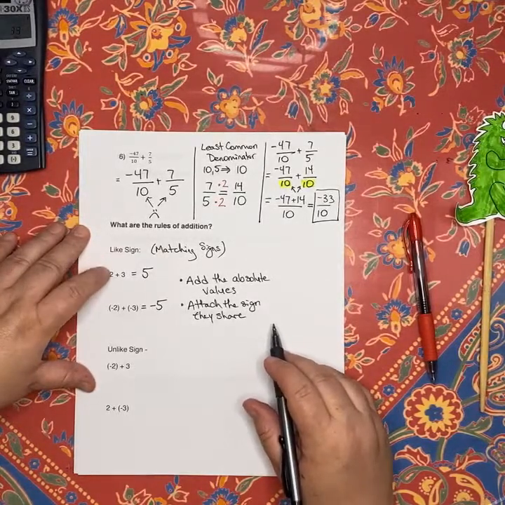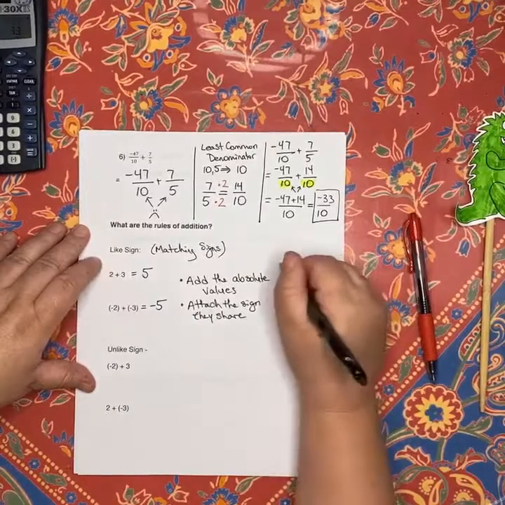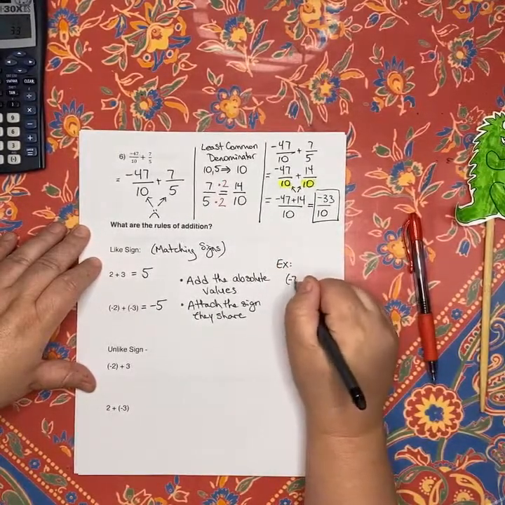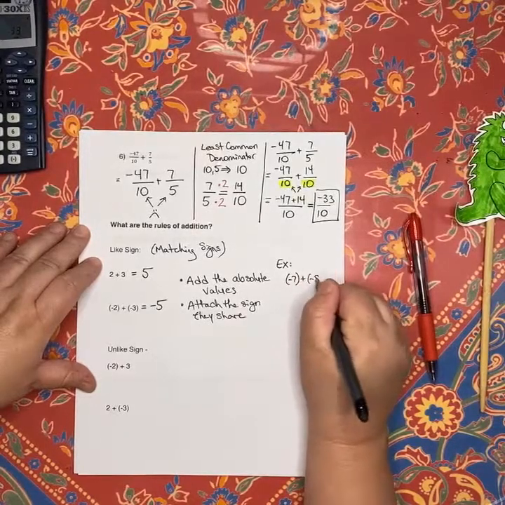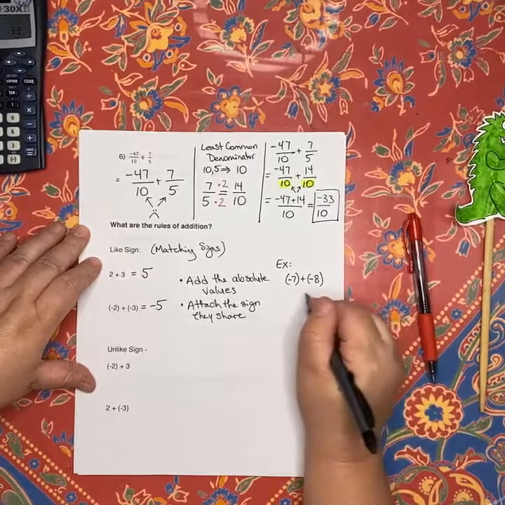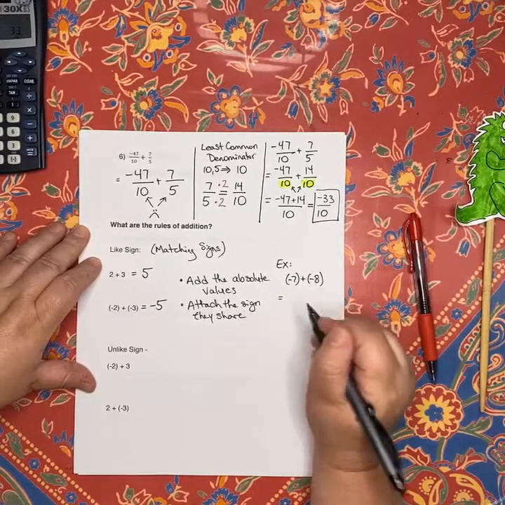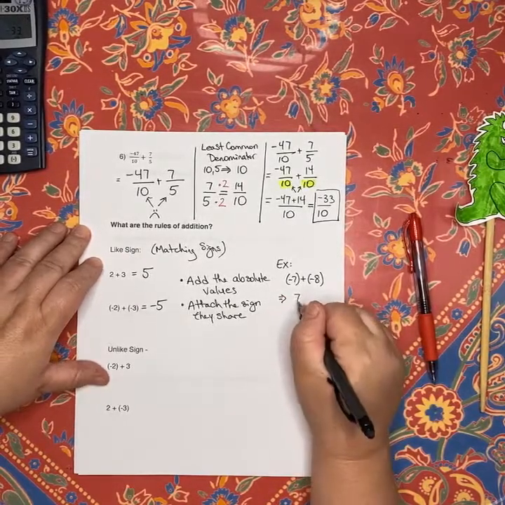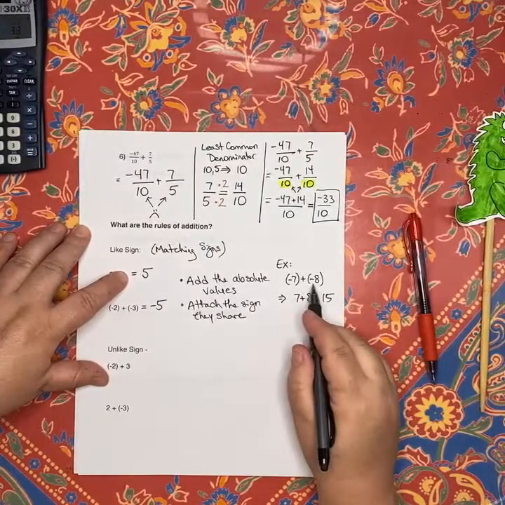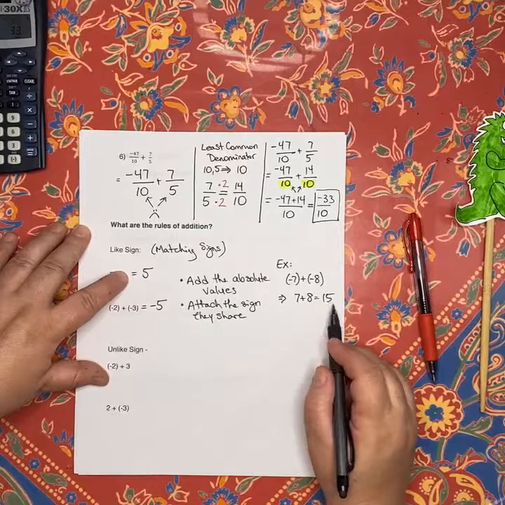So what the heck does that mean? Well, if I ask you to add negative 7 plus negative 8, they're matching, they're twinsies, both minuses, then take the 7 plus the 8 to get 15. So ignore the signs. 7 plus 8 is 15.